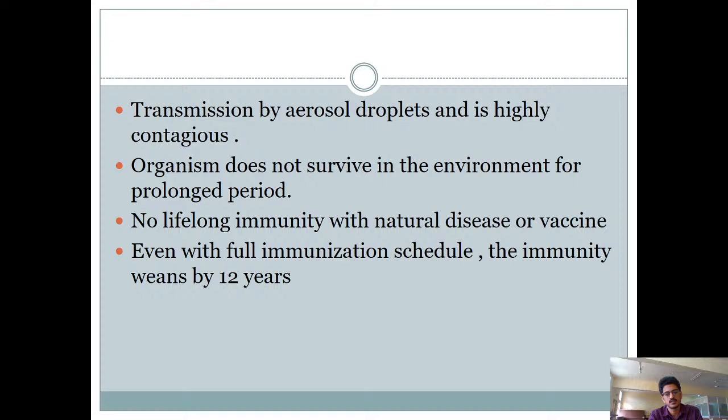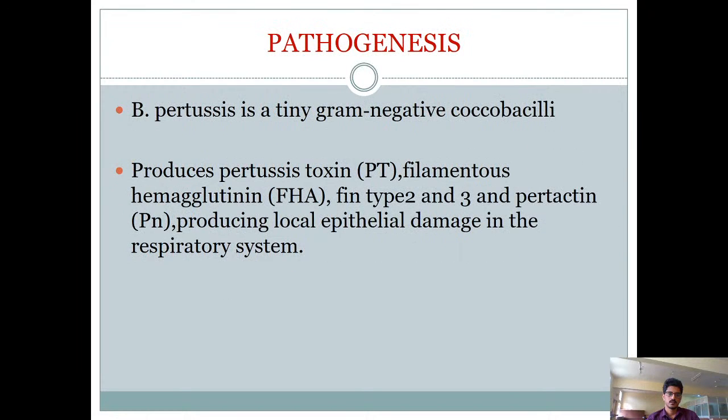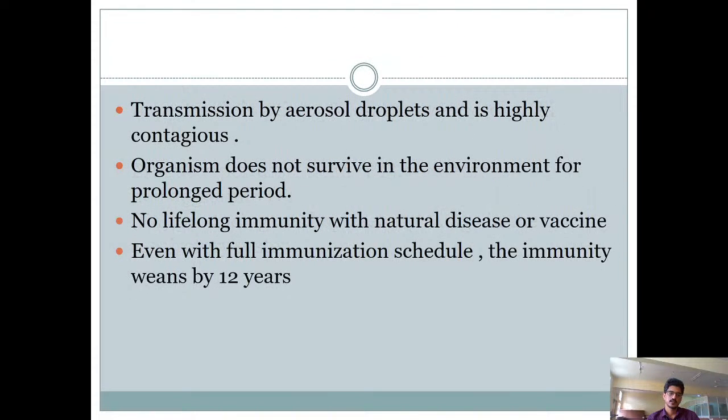So even if you are vaccinated, the disease can come during adulthood or adolescent age. So there is an increase in incidence in adolescents and adults also, because of the waning immunity.